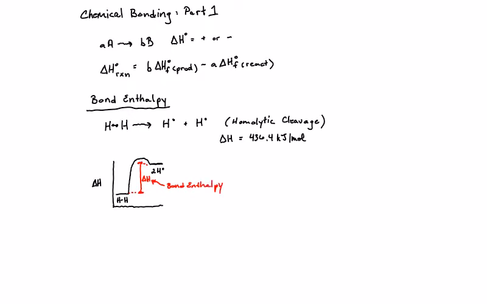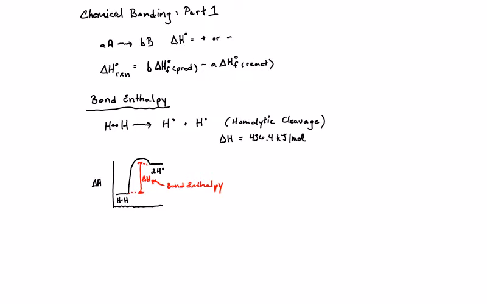Now we have tables that basically describe all sorts of different bonds that you can imagine. So in the table you'll see listings for things like H-H bonds or C-H bonds or N-H bonds, and you can just simply look them up, and we can use that to figure out the energy change in a reaction.